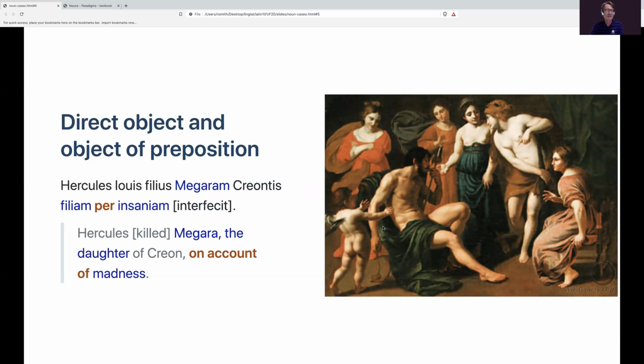Megara, the daughter. Hercules killed Megara, the daughter. It's accusative because it's the direct object. Creontis is genitive, so it's the daughter of Creon. Per is a preposition in Latin that expresses the idea of because of, on account of. And insaniam is a first declension noun, meaning madness. It's in the accusative case. Heracles killed Megara, the daughter of Creon, on account of madness.